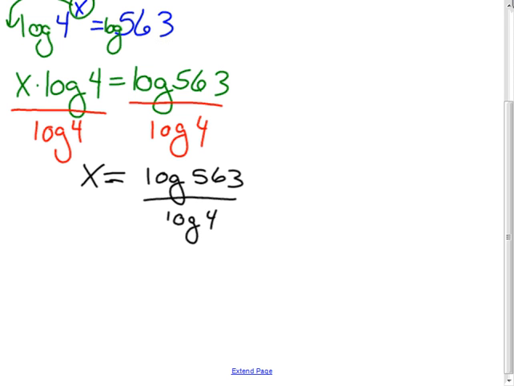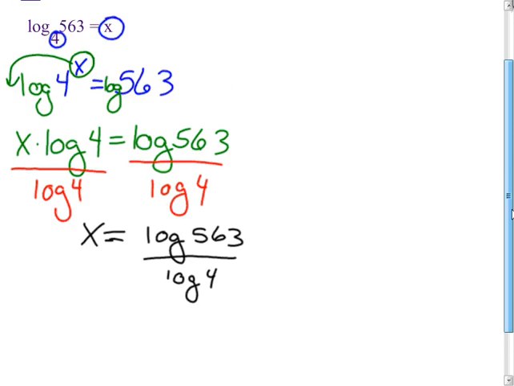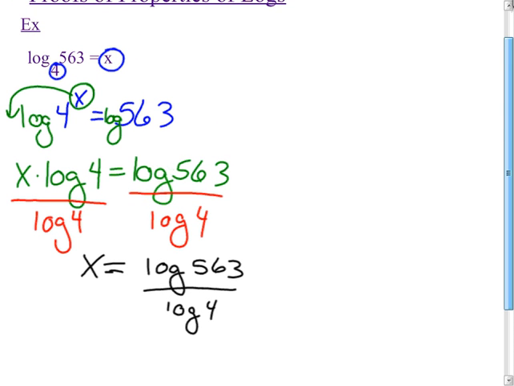Now, I'm stopping at this point because I want you to see something. We started with the very top, which was, I'm just going to rewrite it in the opposite order, log base 4 of 563. So if you notice, the black is where I ended, the red is where I actually started.